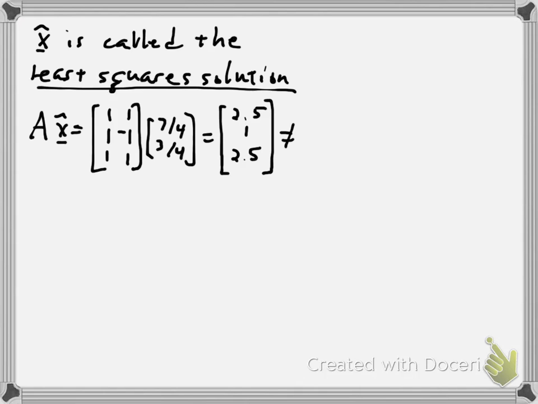And clearly this does not equal what we would like it ideally to equal, which is 2, 1, 3. We knew that we weren't going to get a solution, so this of course has to be true.